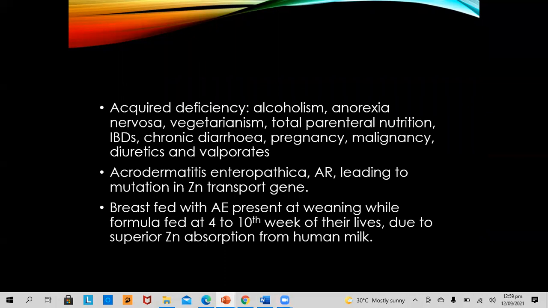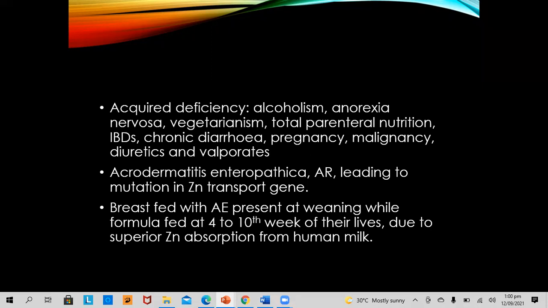Acquired deficiency of zinc occur in alcoholism, in anorexia nervosa, in vegetarianism, in total parenteral nutrition, inflammatory bowel disease, chronic diarrhea, pregnancy, malignancy, diuretics, and use of sodium valproate.